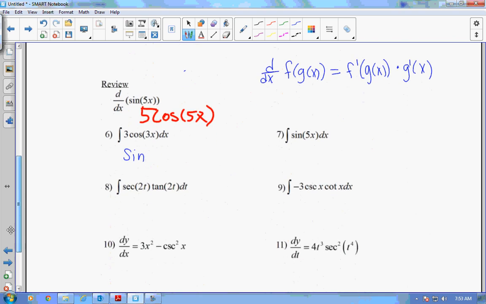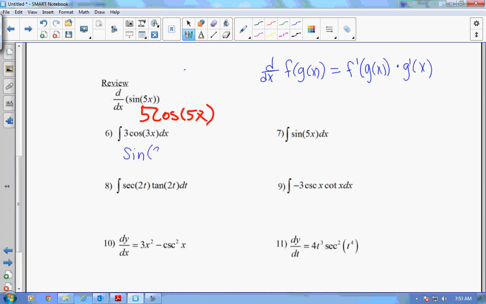So to undo the chain, there'll be a sine of that part still, but divided by the derivative. The derivative of 3x is 3, right? So we have sine 3x divided by 3, but those 3's cancel out, plus c, so we get sine of 3x plus c.